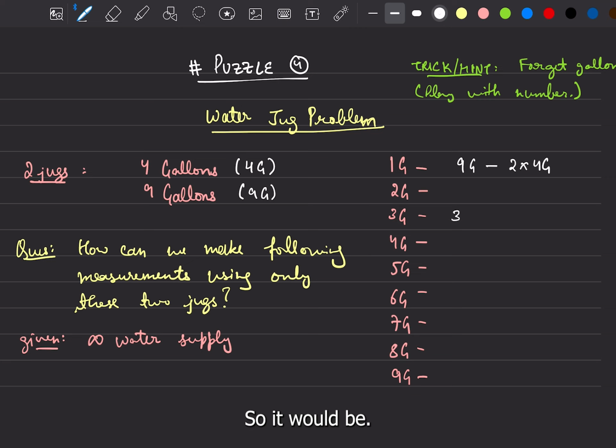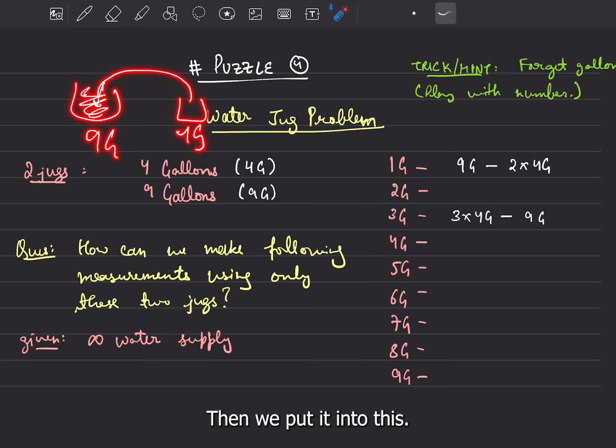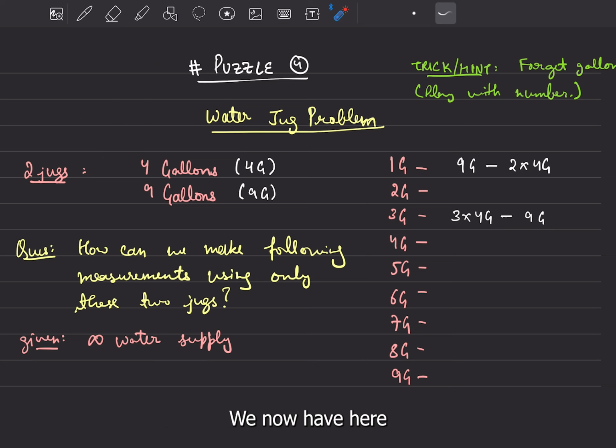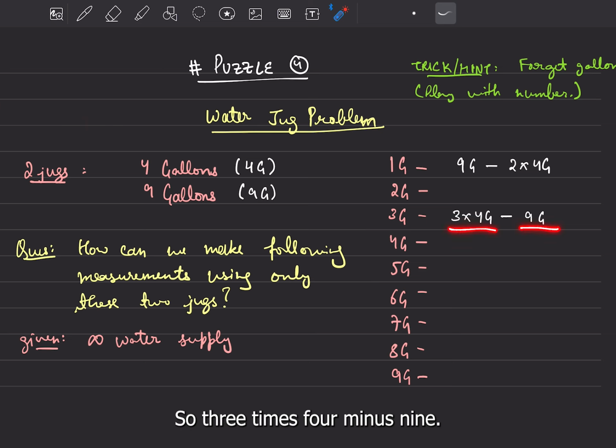So it would be 3 times 4G minus 9G. But how will we do that? Here we did 9G minus 2 times 4G: we had a 9-gallon tank and a 4-gallon tank. We filled the 4 full, put it into the 9, then again put 4 in, leaving 1 gallon. So 3 times 4 minus 9.